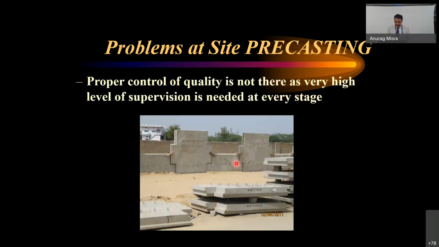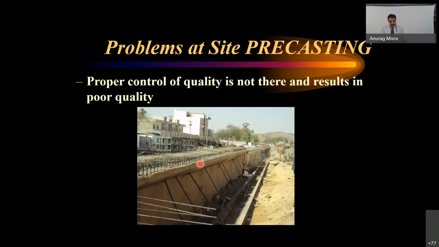Some site precasting is not a good idea. That is why, if we compare these types of blocks, maybe we go for the precast blocks or the factory-made panels. Either we can go. In site precasting in the casting yards, you can see, although they are taking good precautions for curing, the jute sack is here, and they try to attach it to every part of the surface.